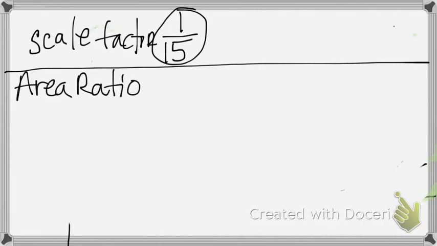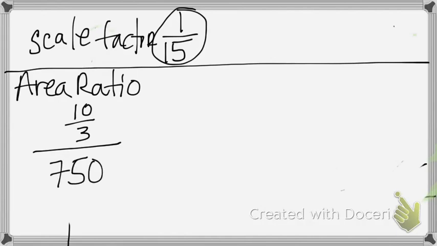Okay, so that was, remember, 10/3 square inches was the scale drawing, and then we had 750 square feet was the actual area. So we're going to go ahead and divide these. You remember the numerator comes out, but then the denominator, we take that denominator and flip it over.